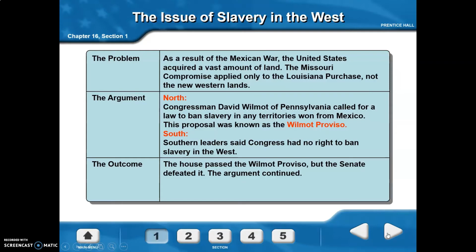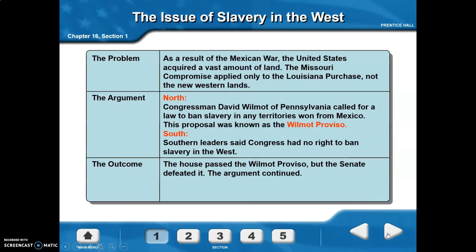The North's argument was that they wanted to ban slavery in these territories from Mexico. And there was this congressman named David Wilmot of Pennsylvania, and he created this law to ban slavery in any of the territories that was won from the Mexican War, or any land that we bought from Mexico.